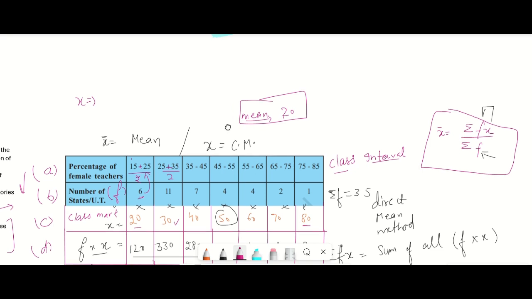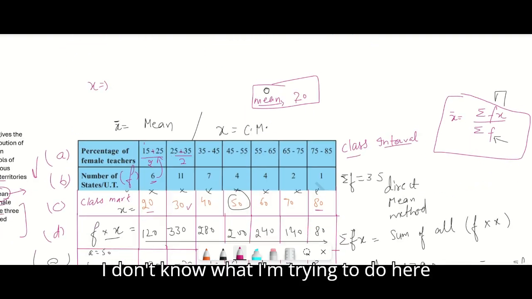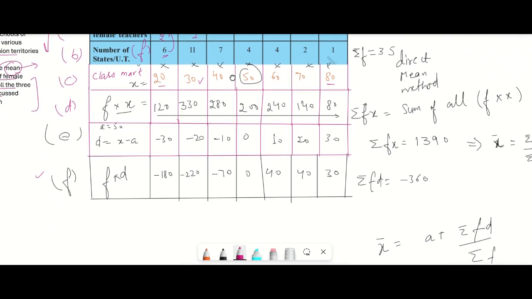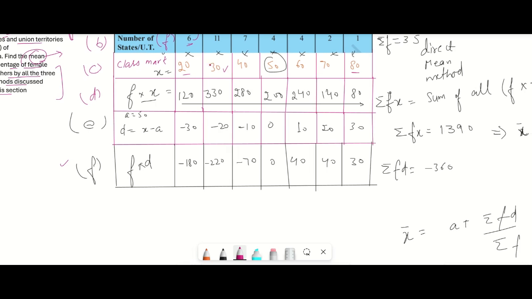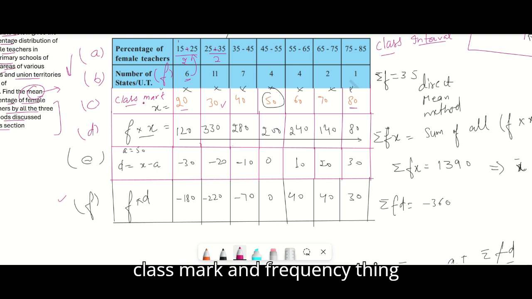Now, for the assumed mean method, x minus a, what is a?